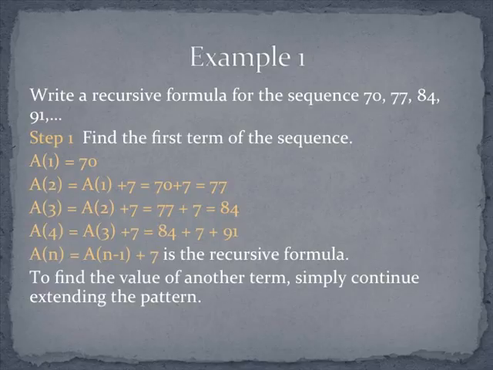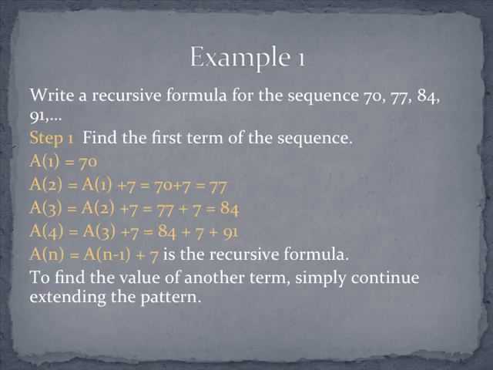Here's example 1. Write a recursive formula for the sequence 70, 77, 84, and 91, and so on. For step 1, we want to find the terms of the sequence. a1 equals 70, a2 equals a1 plus 7, which equals 70 plus 7, which is 77.